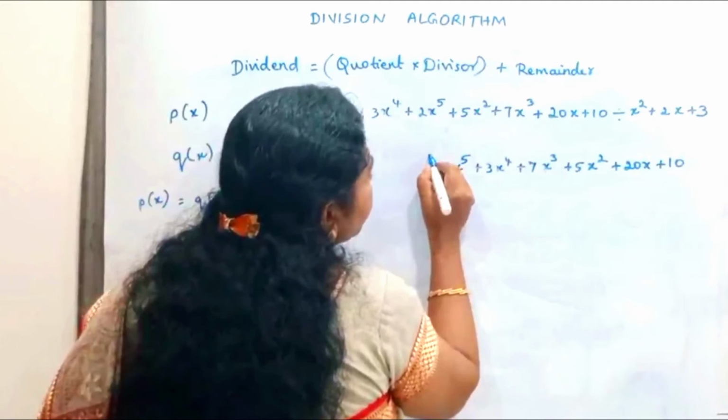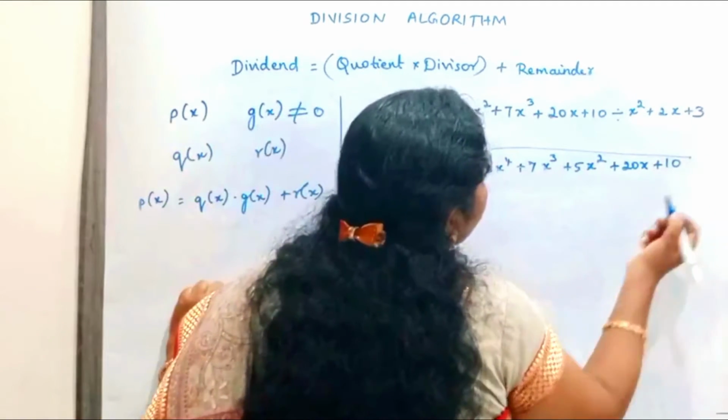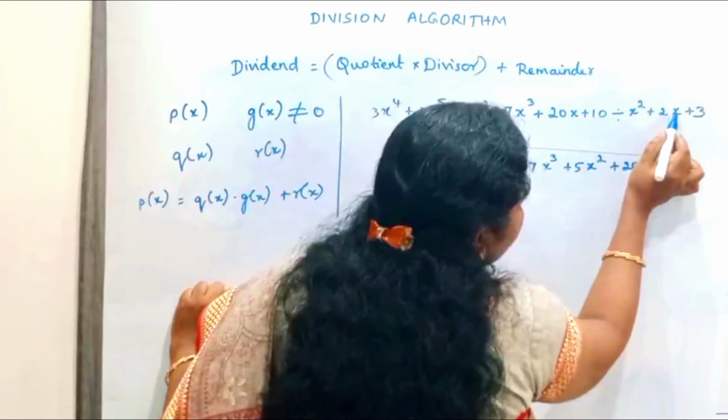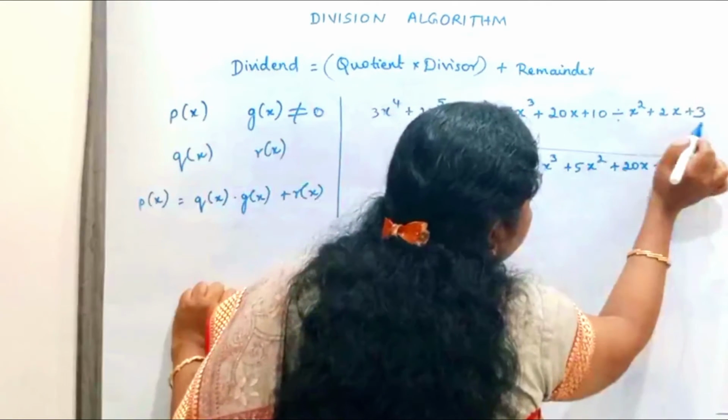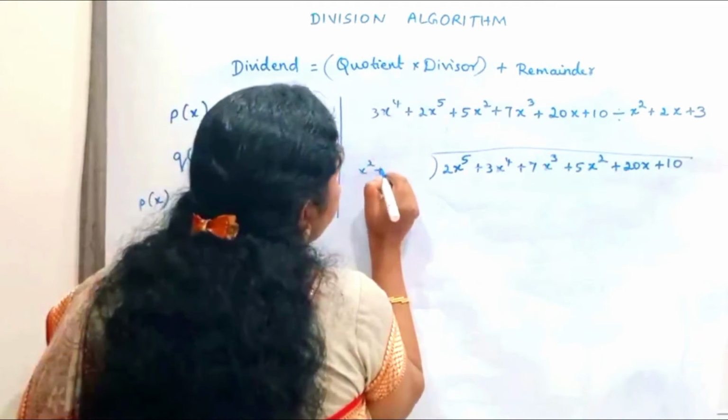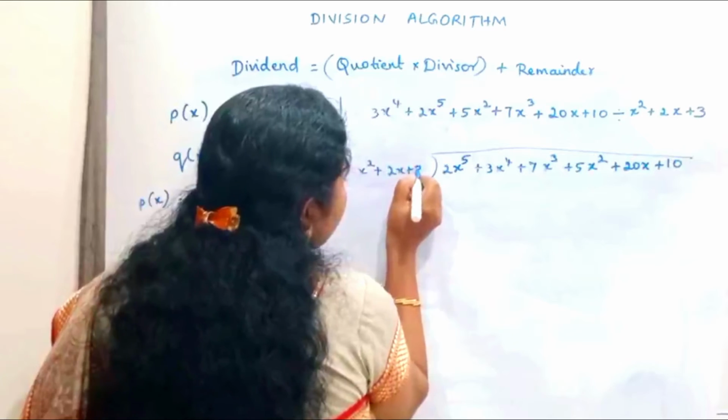So now, divided by, and here the divisor is x square, then we are having the x term and then the constant. So already it is arranged, so we can write as such. So x square plus 2x plus 3.